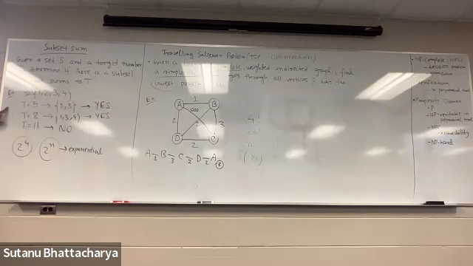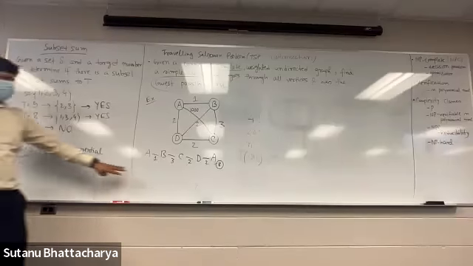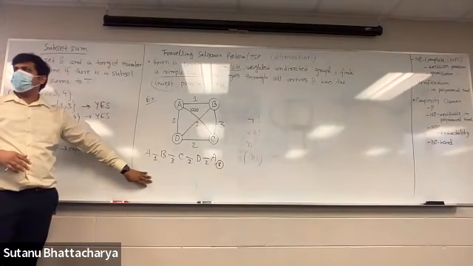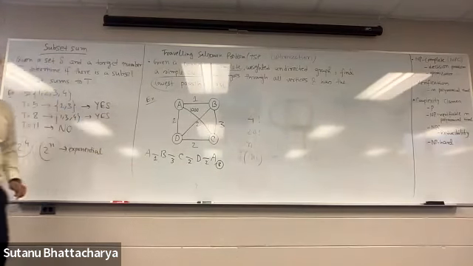Are you optimizing any value? No. It's a decision problem. You are making a decision whether there exists any subset that sums to T or not. Yes or no. So this is a decision problem. Is it clear to you what is the difference between decision problem and optimization problem? Clear, right? Okay.